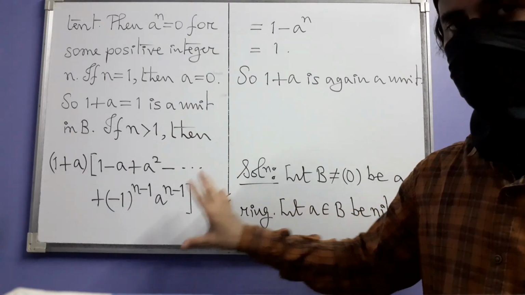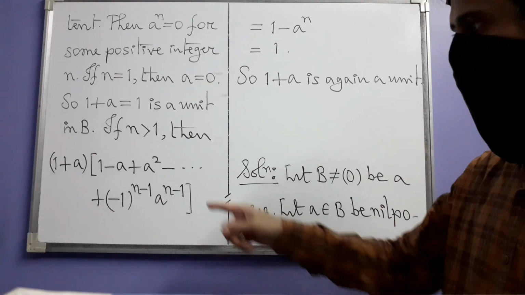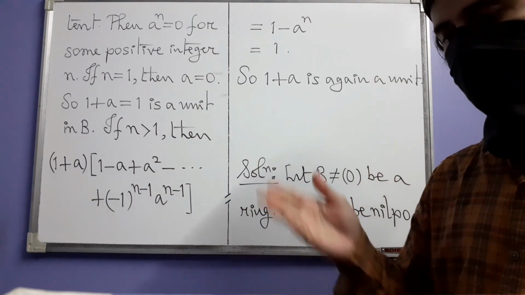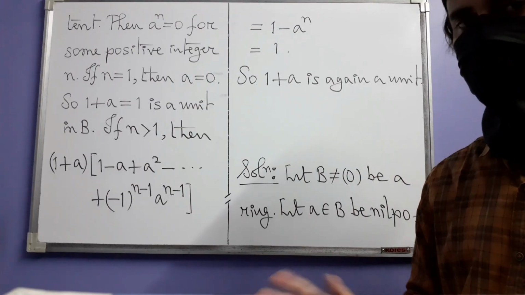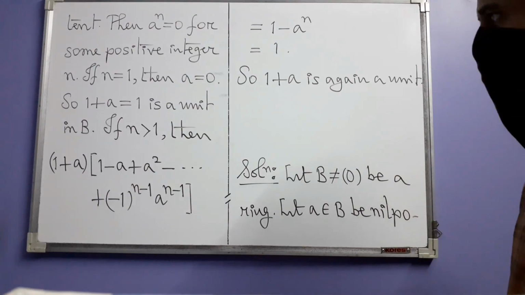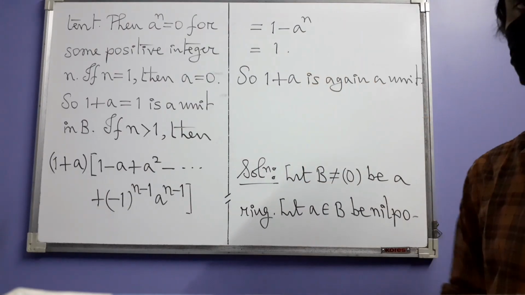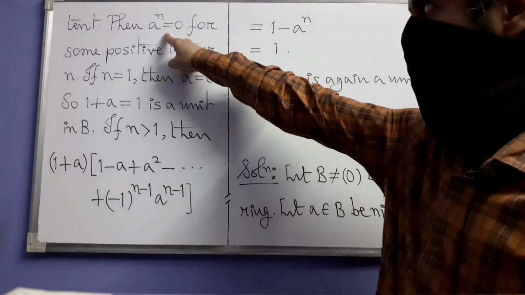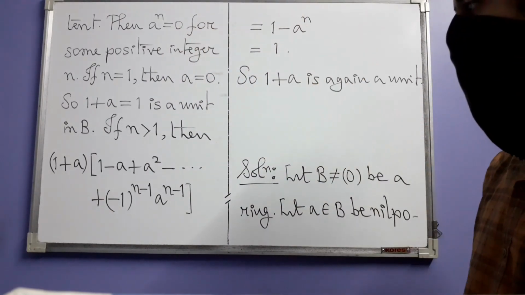And till that only we write. Now if you do the multiplication and see what you are getting, there will be many terms which will cancel each other, and ultimately you will be left with 1 - a^n, but a^n is 0, so you are getting 1.